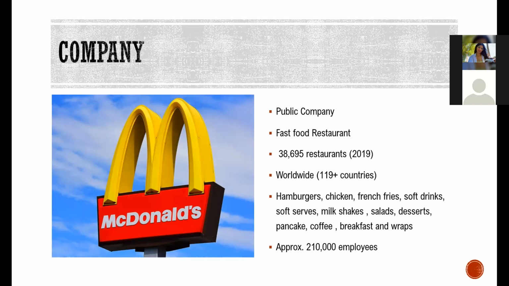And they sell products, for example hamburger, chicken, French fries, soft drinks, soft serves, milkshake, salads, desserts, pancake, coffee, breakfast, and wraps. And they have around 10,000 employees.